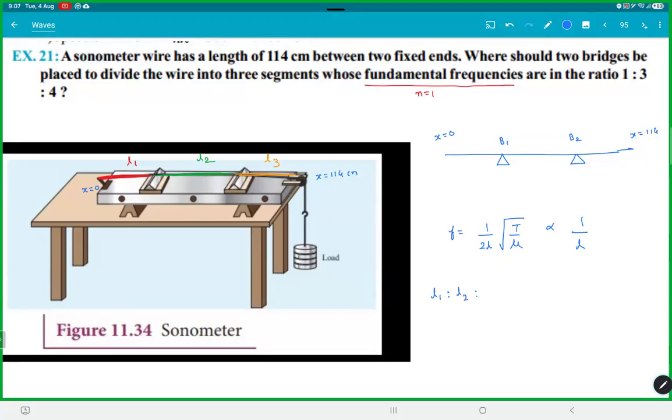L1 is to L2 is to L3 will be in the ratio of 1 by F1 is to 1 by F2 is to 1 by F3. So that would be 1 is to 1 by 3 is to 1 by 4. That would be 12 is to 4 is to 3 ratio. So L1 is to L2 is to L3 is this ratio, 12, 4, 3.